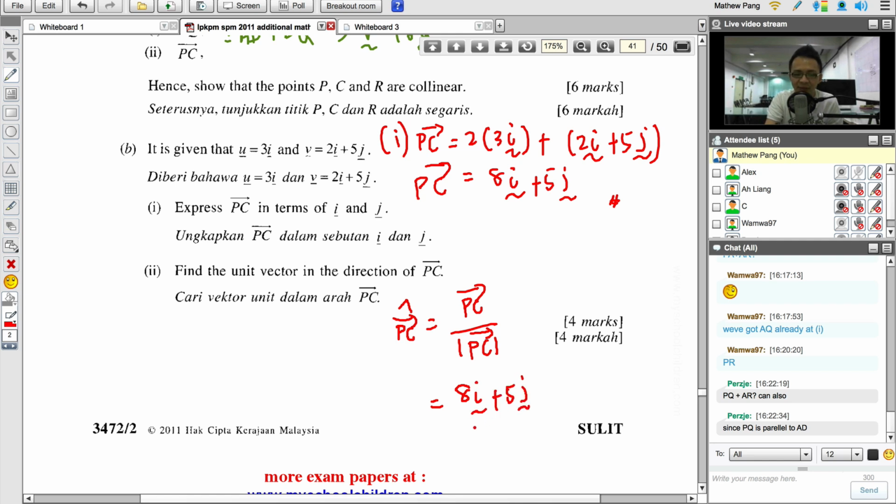So it will be the square root of 8 squared plus 5 squared, using Pythagoras. You just use the calculator: 8 squared plus 5 squared is 89. Therefore, this will equal 1 over square root of 89, times (8I plus 5J). This is your unit vector.